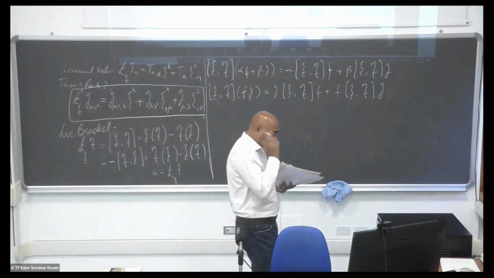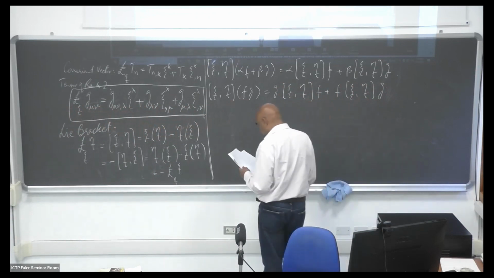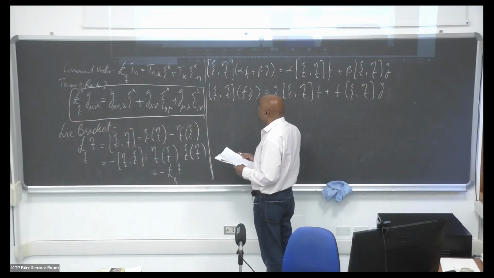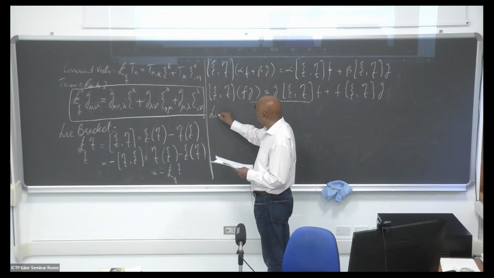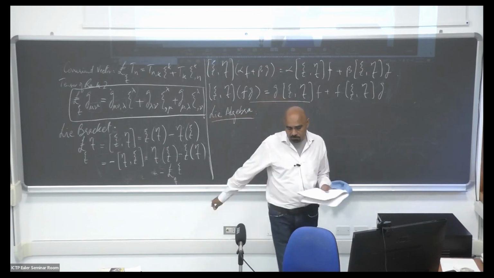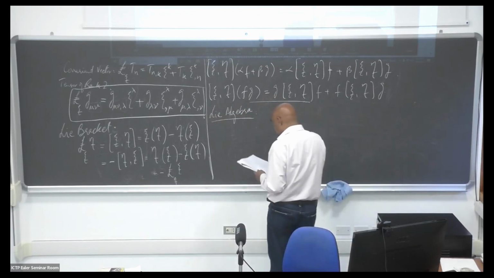So the Lie bracket is a binary operation between two objects. After this discussion, it becomes very easy for us to define what we mean by Lie algebra, just a combination of these nice properties that we have already discussed.